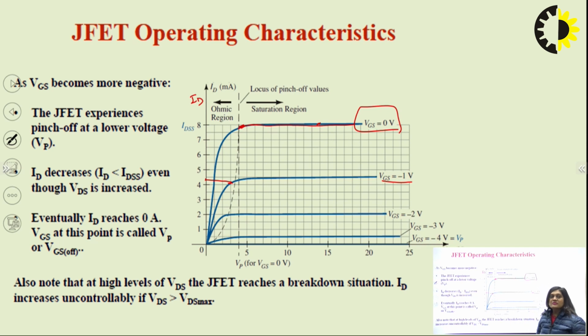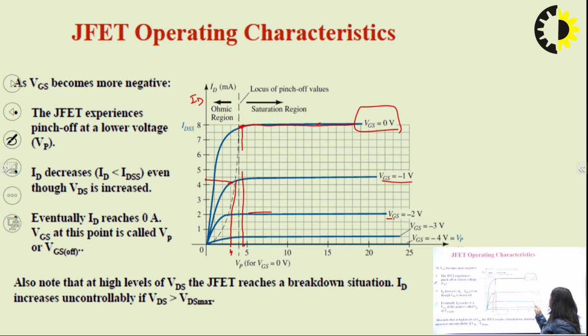So the maximum amount of current is reduced, and we can also see the VP was this much here, and here the VP is this much. This dotted line indicates the pattern at which VP is continuously decreasing.